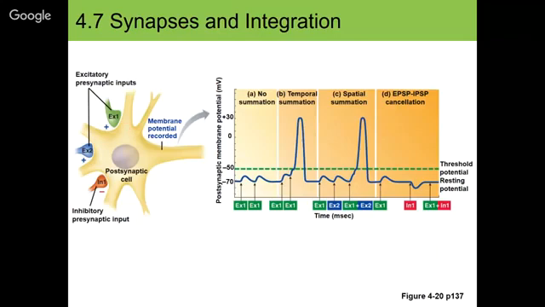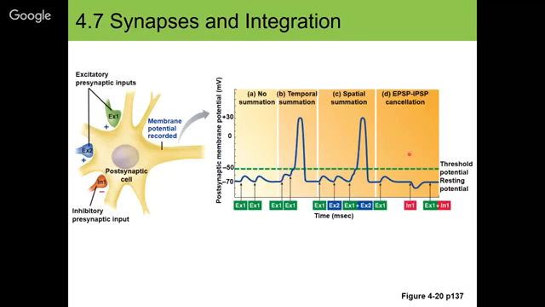Okay, so in scenario B, our temporal summation scenario, let's look at EX1 here. If our excitatory input 1 is stimulated a second time before the first EPSP has died off, this will add on to it. In other words, this will sum with the first EPSP and will result in a temporal summation, okay?